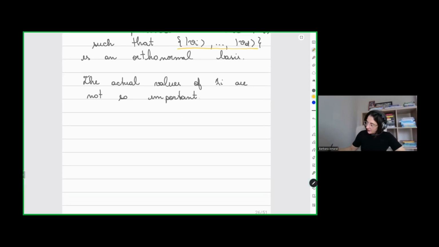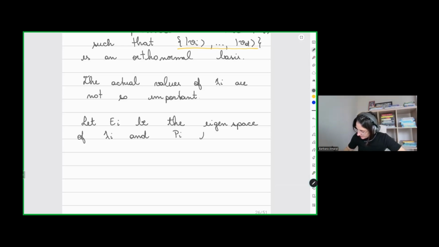So let A_i be the eigenspace of lambda_i, and P_i the projector onto A_i.